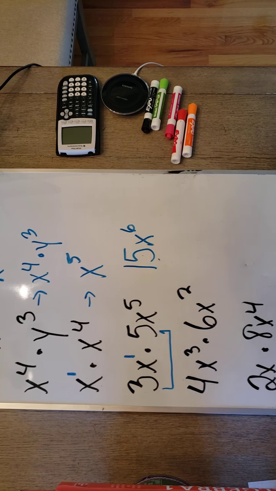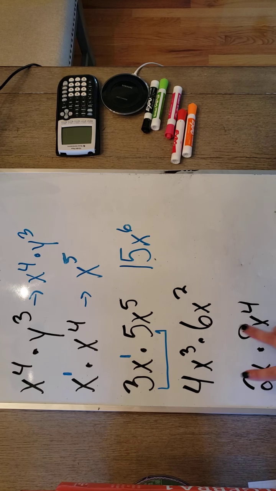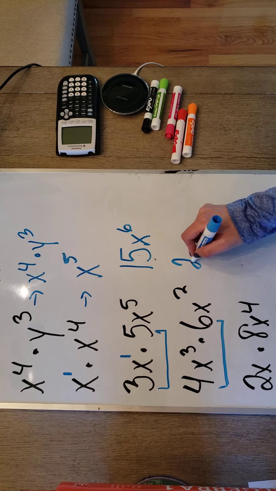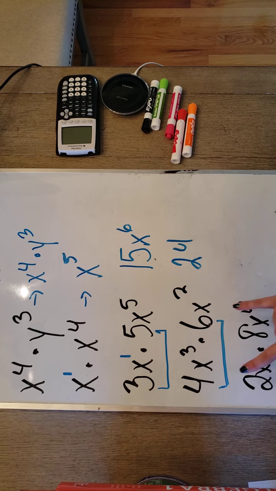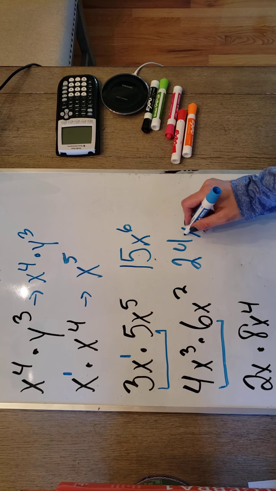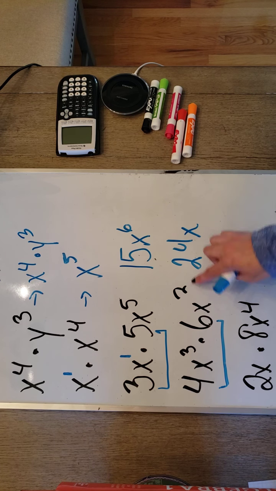Next one, you have 2 constants. So multiply. 4 times 6 is 24. Your bases are the same. Do you need to add any ones? Nope. So keep your base, add your exponents, and you get a 5.